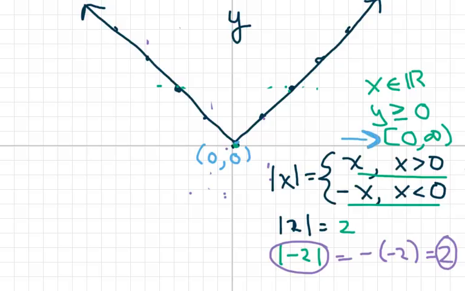Where is f of x increasing? Well, it's increasing here. So we look at the arrow here. It's increasing right along here. So it's increasing from 0 to infinity. And where is it decreasing? It's decreasing from negative infinity to 0.